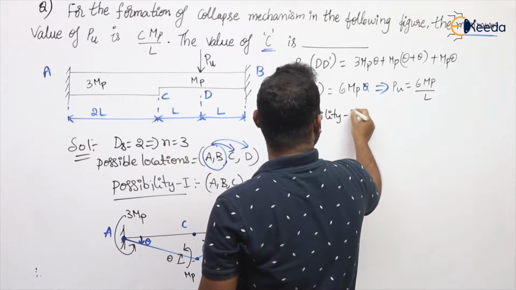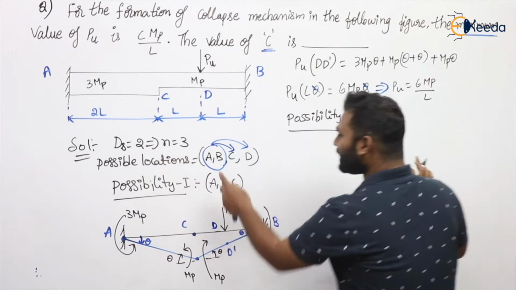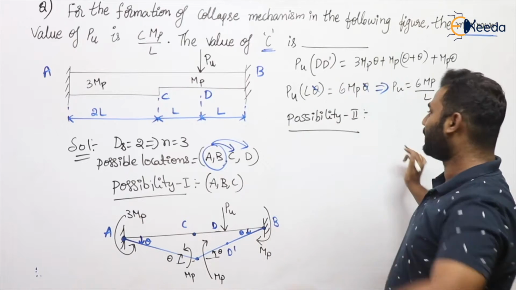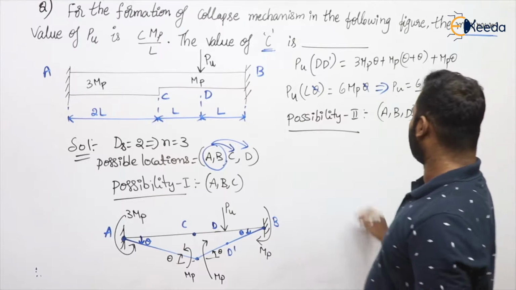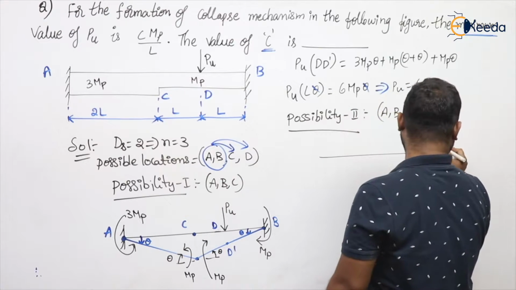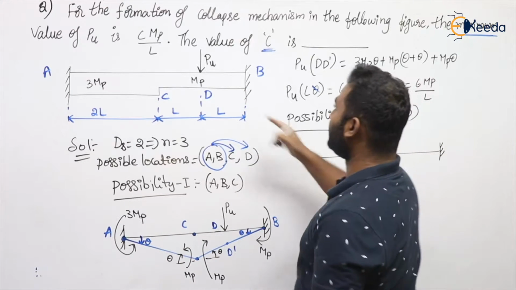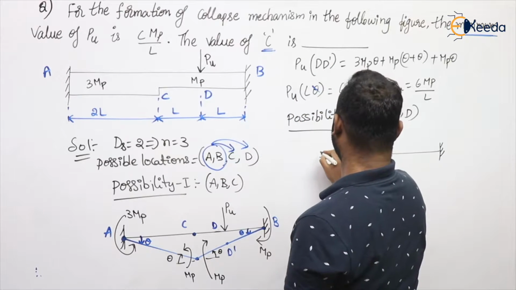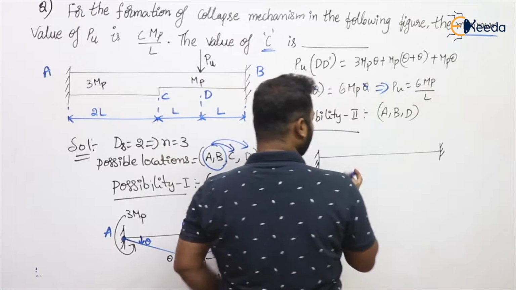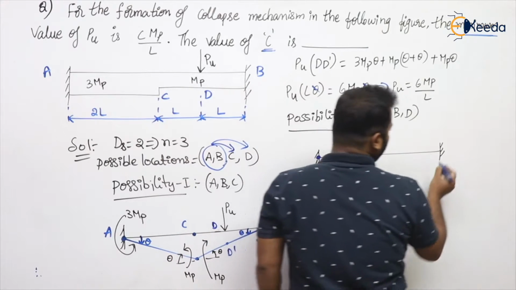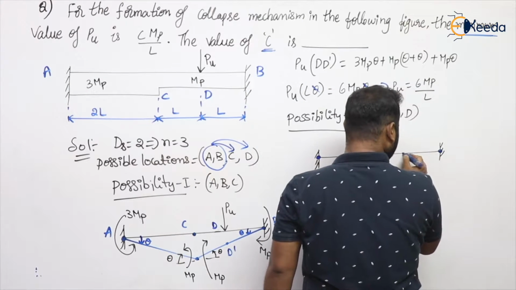Now let us go for possibility 2. In possibility 2, we will assume plastic hinges at A, B and D. D means under the point load. Here 1 inch, here 1 inch and here 1 more inch.